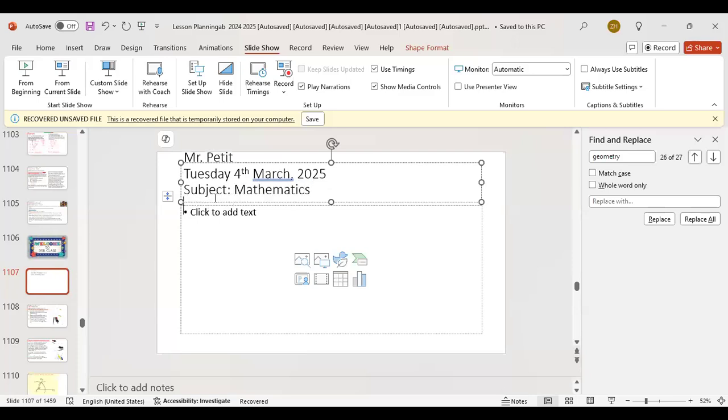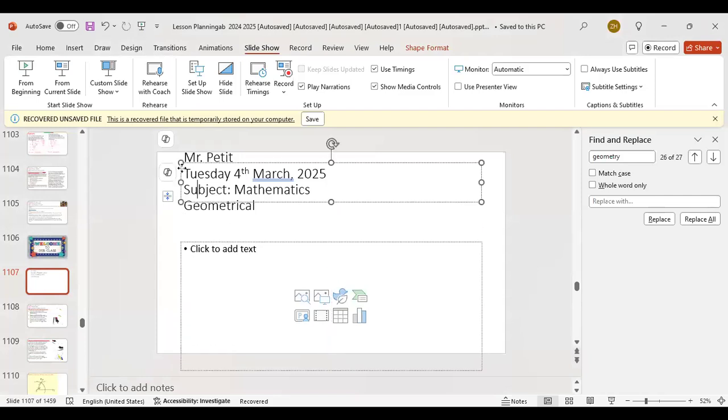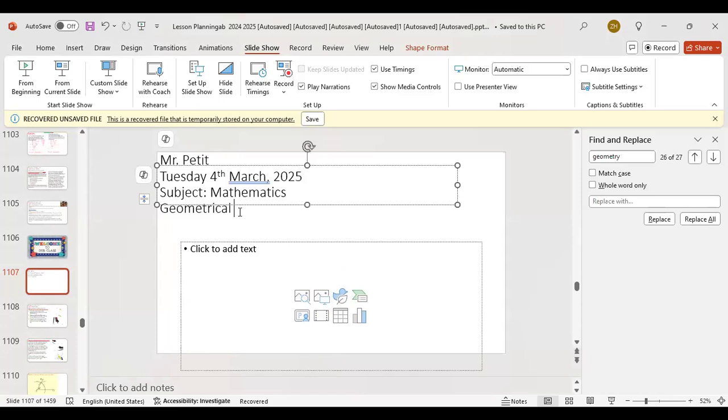We're going to be looking at geometrical constructions, part 1.